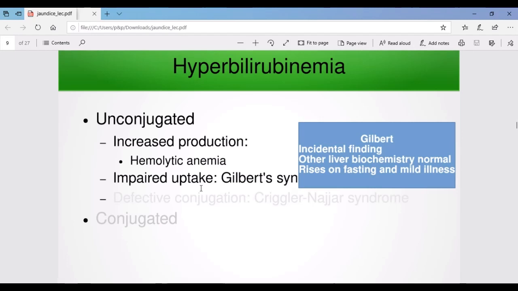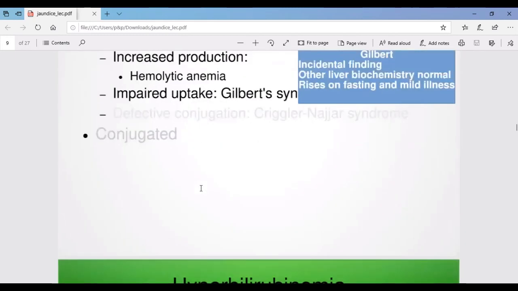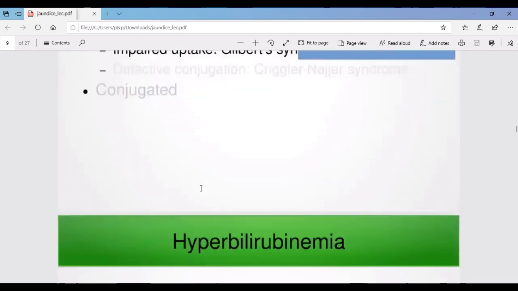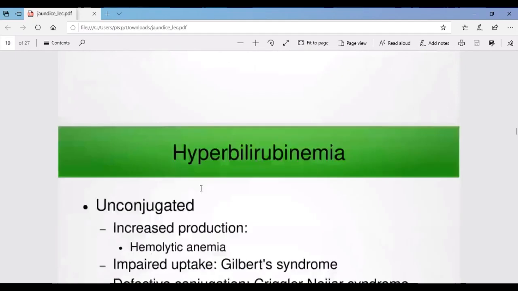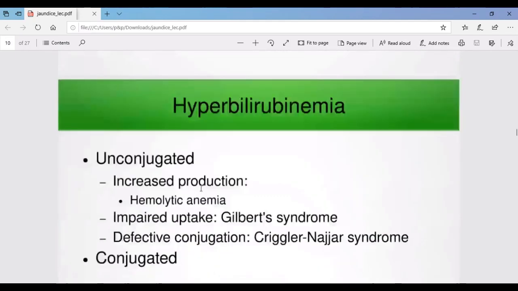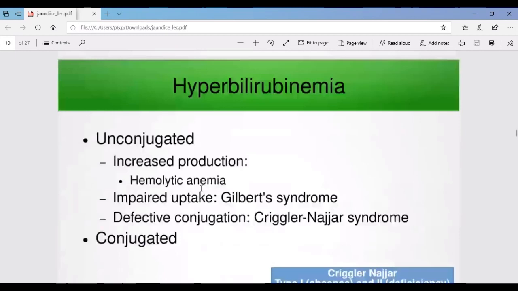The third cause for unconjugated hyperbilirubinemia is when the production is normal, uptake by the liver is normal, but we have a defective conjugation. And defective conjugation is what we call Crigler-Najjar syndrome.